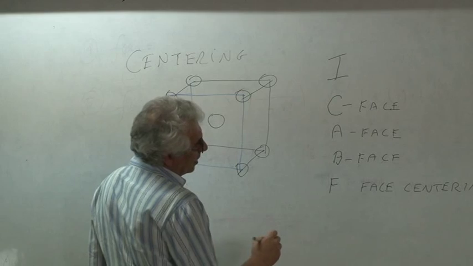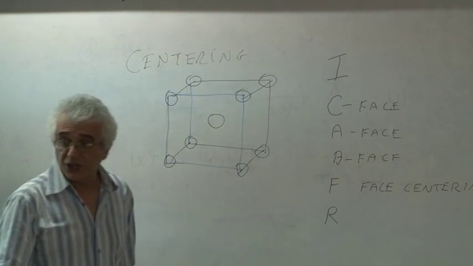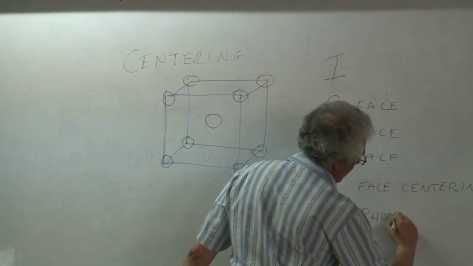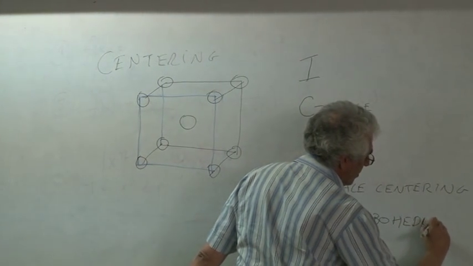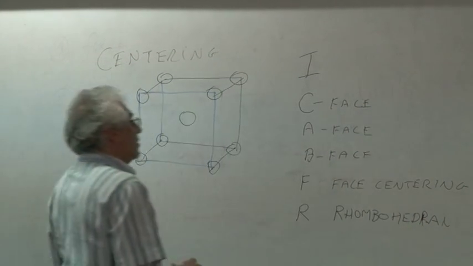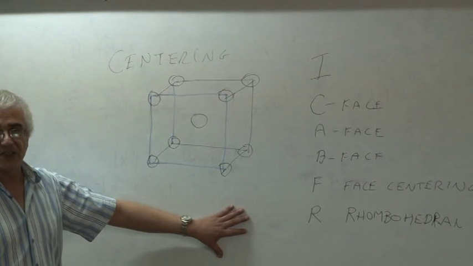And finally, you have R for rhombohedral centering. So all of these conditions will give rise to systematic absences.